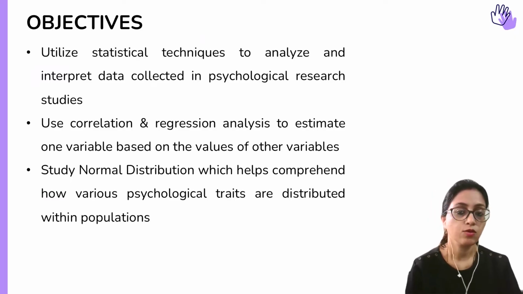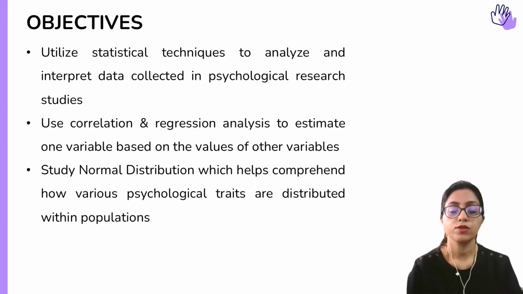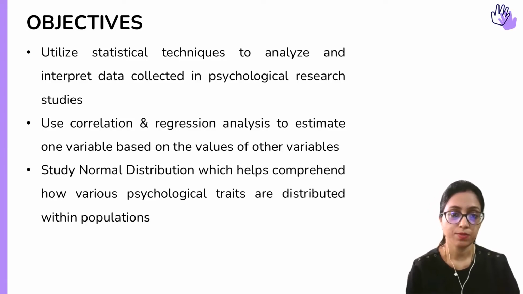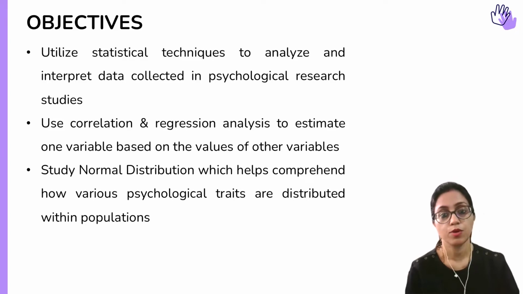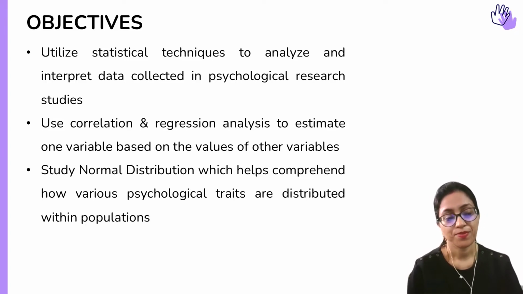So we study in detail correlation and regression as we move through that particular unit. Then we'll also study one of the most important distributions in statistics, which is the normal distribution, as it has wide applications. So you learn to understand the importance of this distribution, especially in the case of psychology.